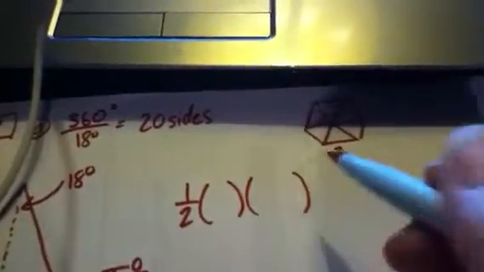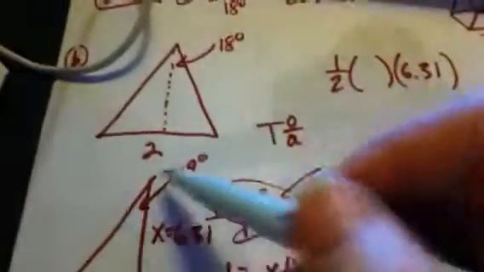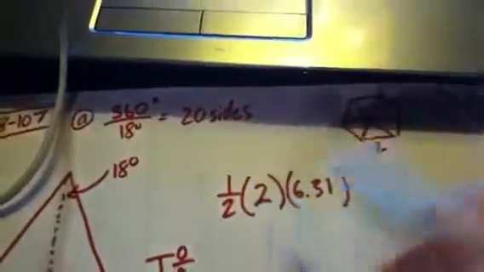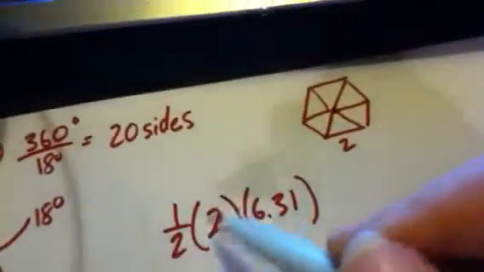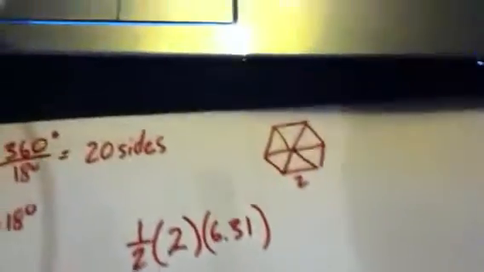And I know the area of a triangle is 1/2 times base times height. We said our height was 6.31. I'm going to use the big triangle's side as my base. Once I figure out what one of those triangles is, I can multiply it by 20. Obviously, these two cancel out here, and I end up with 6.31, which is already in my calculator up here.